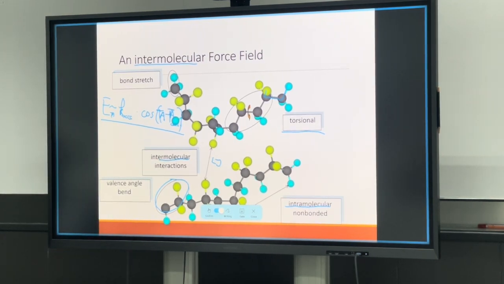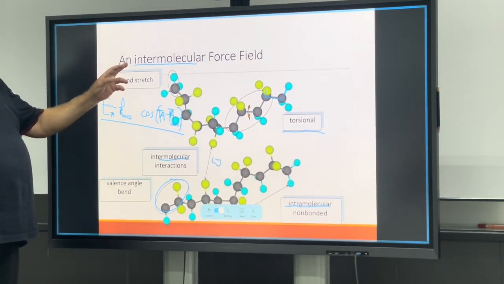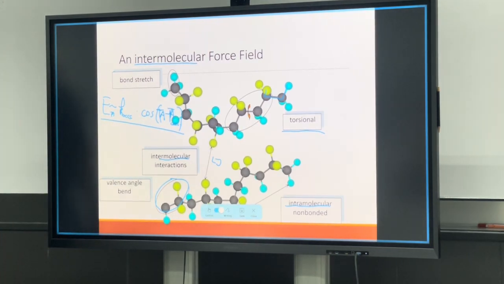And I think you know the formula for the Lennard-Jones interaction. And then there's a second thing, also playing a somewhat similar role between non-bonded atoms, because for bonded atoms you don't need it.